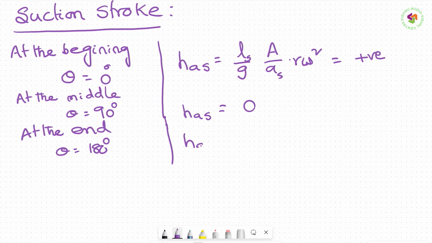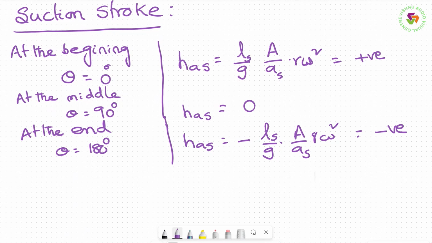That means HAS is equal to cos 180 degrees, which is minus 1. So minus Ls by g, A by As, R omega square. So it is negative. This is the suction stroke.